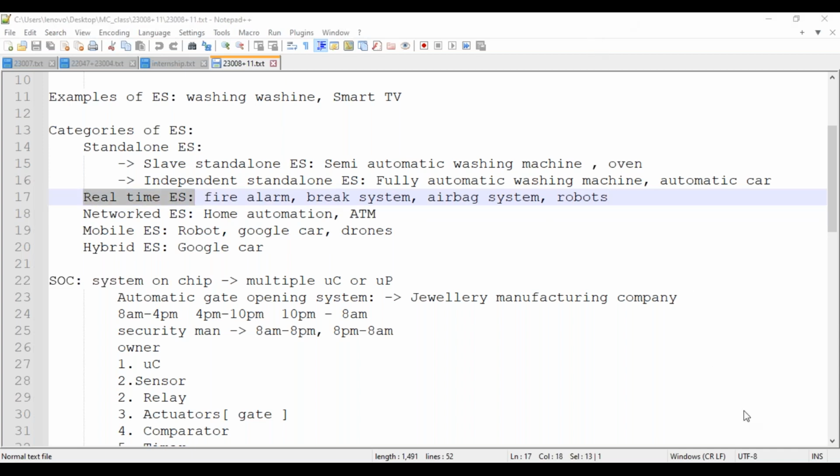I wouldn't say they are exactly the same. An independent standalone embedded system is a system which is capable of taking the action on its own. A real-time embedded system is the one which is supposed to be taking the action in real time. So a drone is not a real-time embedded system. You don't end up taking the action at a particular time itself. It is okay even if it doesn't work at that particular time.